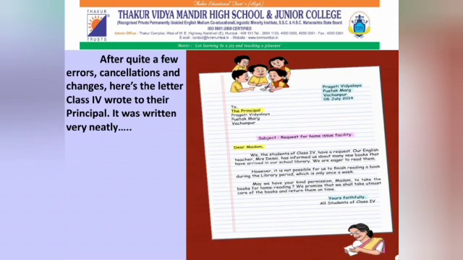Let's look at the letter they have written as per the teacher's instruction. The sender's address is written in the right hand corner with date, and the receiver's name, post and address is written in the left margin, followed by the subject.